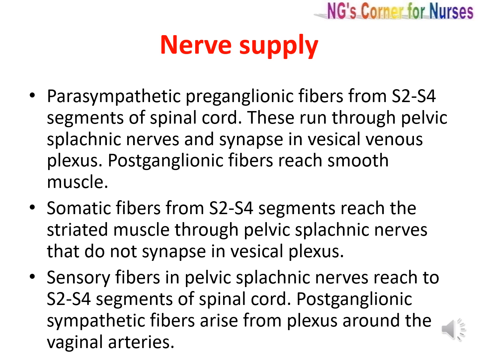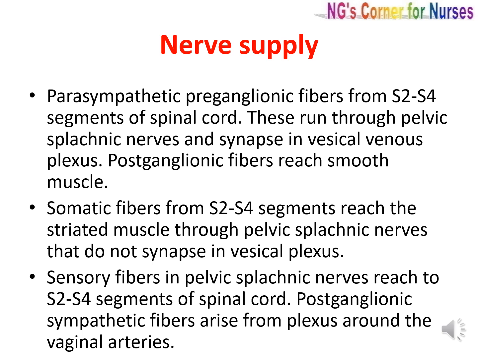Next, coming to the nerve supply. The parasympathetic preganglionic fibers from the second to fourth sacral segments of the spinal cord run through the pelvic splanchnic nerve and synapse in the vesical venous plexus. And postganglionic fibers reach smooth muscle.